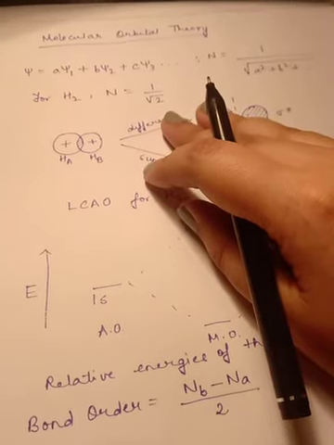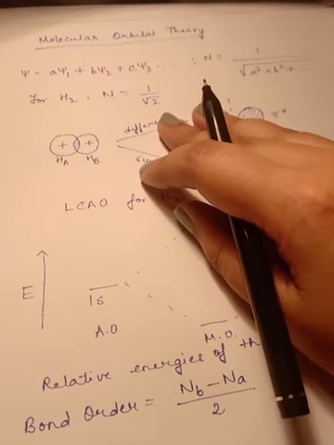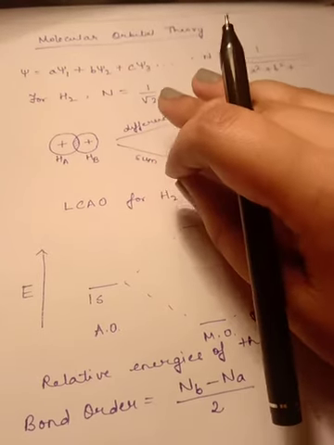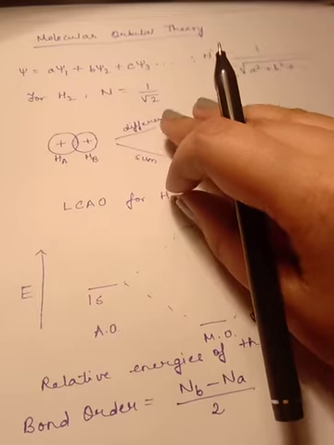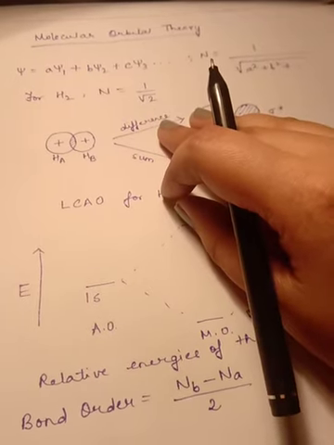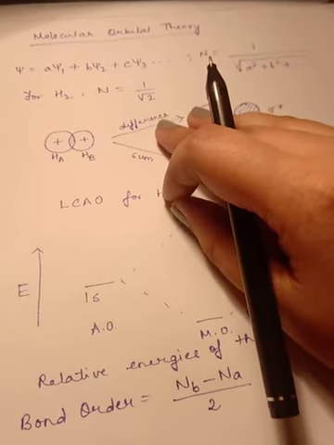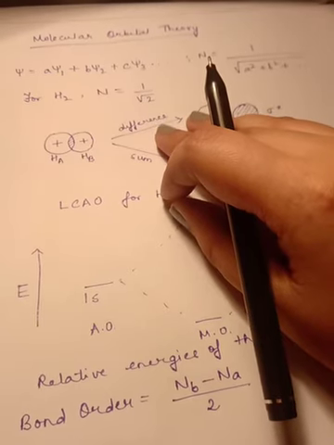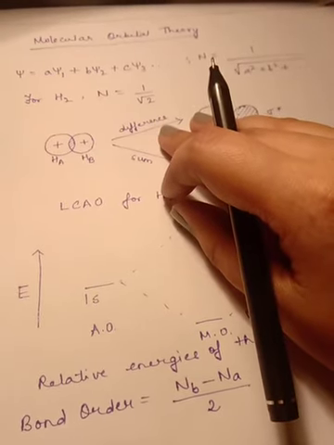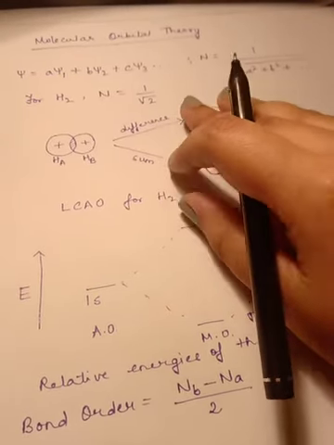That is, when two atomic orbitals combine, two molecular orbitals are formed. So the number of orbitals is conserved. The fourth point states that bonding molecular orbitals have lower energy and hence greater stability than the corresponding anti-bonding molecular orbitals. These are the four basic postulates of the theory.